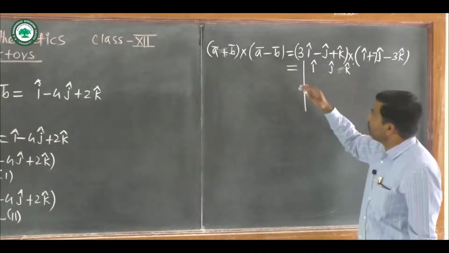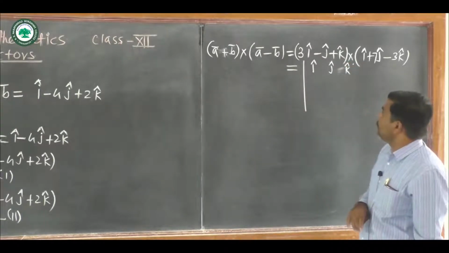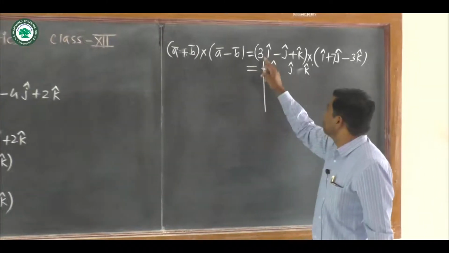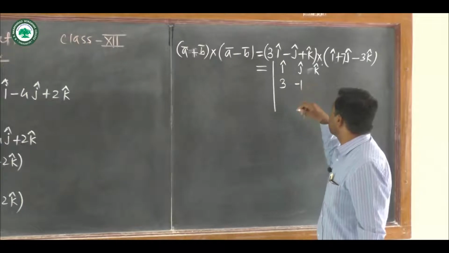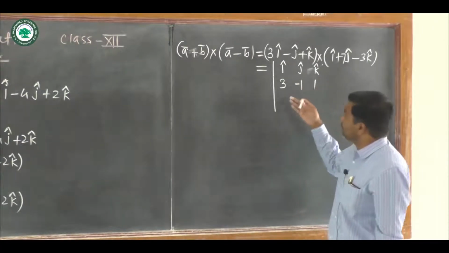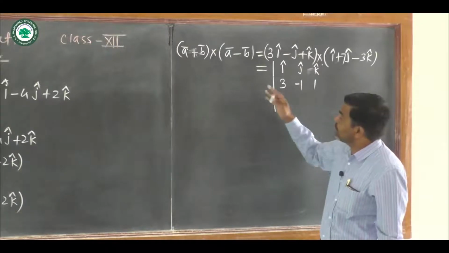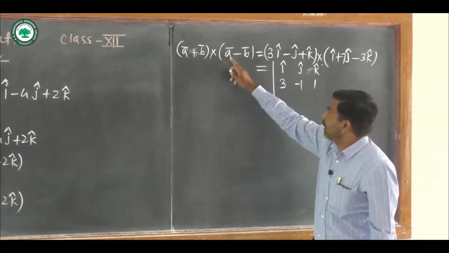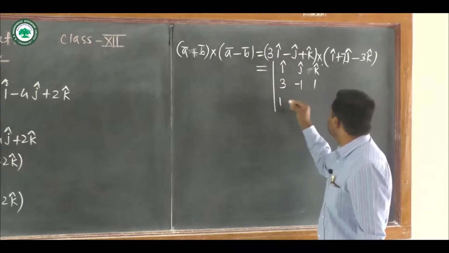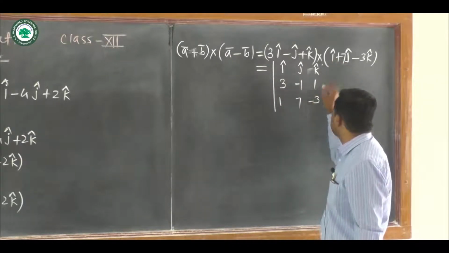In the second row, we take the coefficients of i, j, k in the first vector, that is a bar plus b bar, and it is 3, minus 1, 1. Now the third row is the coefficients of ijk in the second vector, that is a bar minus b bar, and it is 1, 7, minus 3.